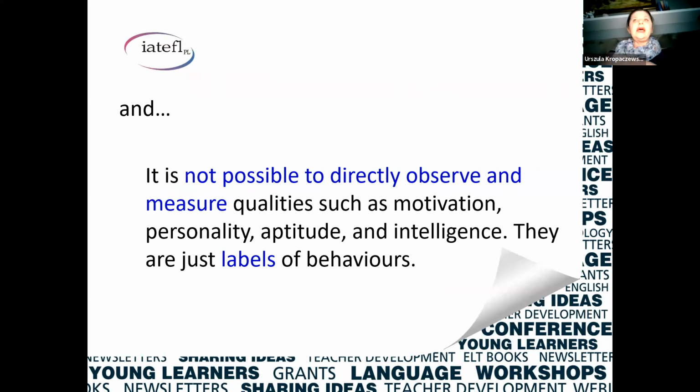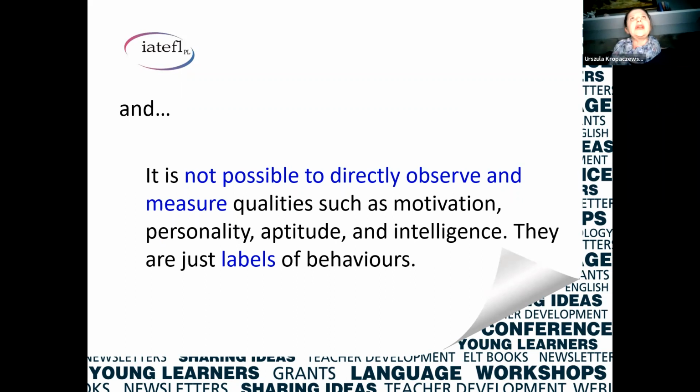And of course, when we observe our students in action, we cannot always measure the qualities they possess, the characteristic features. We can say that they are motivated, but it is very difficult to discuss the level of motivation.